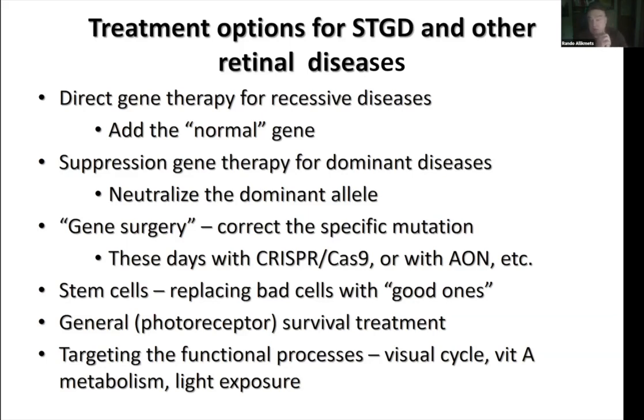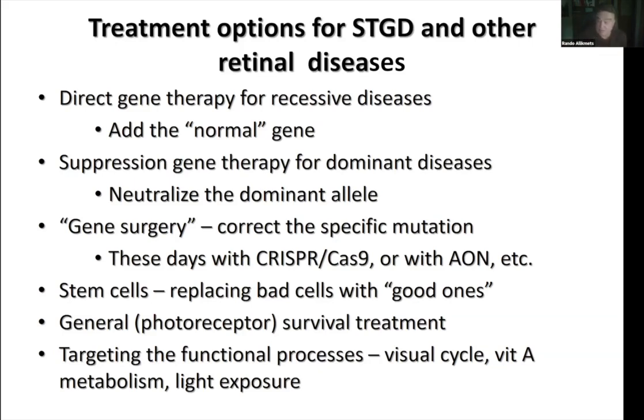Then there are other ways of doing treatments or therapies. Recently, in the last maybe 5 years, the most famous word has been CRISPR. You do gene surgery, you go in, you replace the mutation with the proper nucleotide, or you do some other tricks.